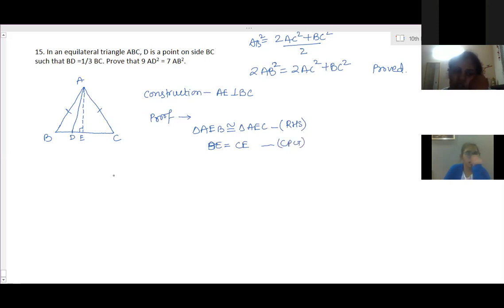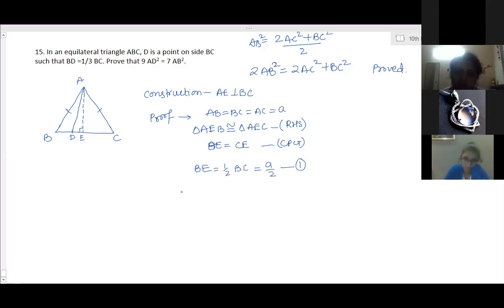So now if we consider AB is equal to BC is equal to AC, consider that as A. So BE is equal to half of BC, that is A by 2. Can we consider this way? Yes, ma'am. Then BD is 1/3 of BC. So can we consider this as A by 3?